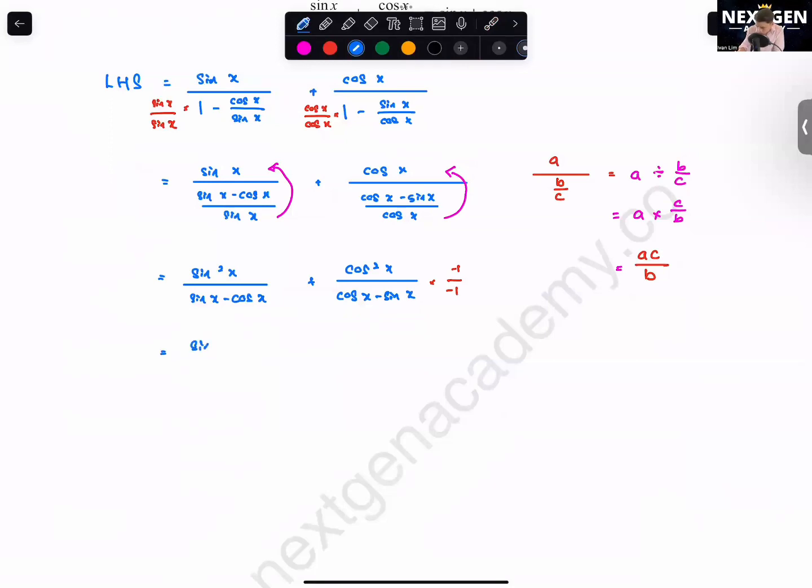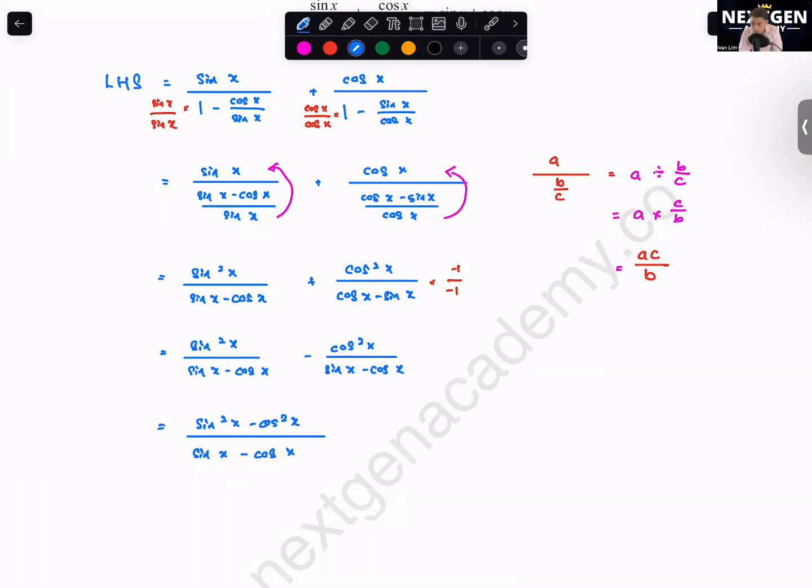So this can be written as sine square x over sine x minus cos x minus cos square x over sine x minus cos x, like that. Then now I can join it together. Sine square x minus cos square x over sine x minus cos x.